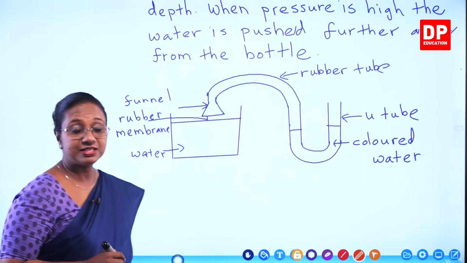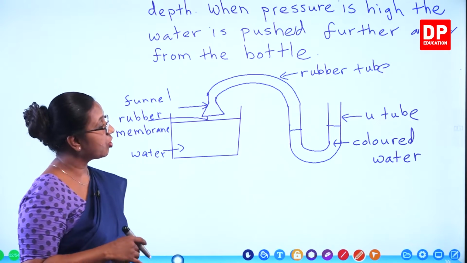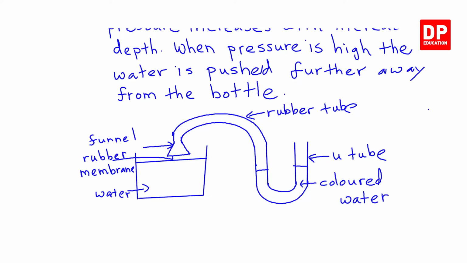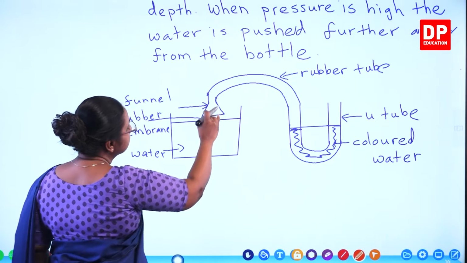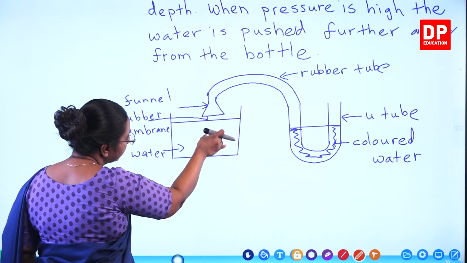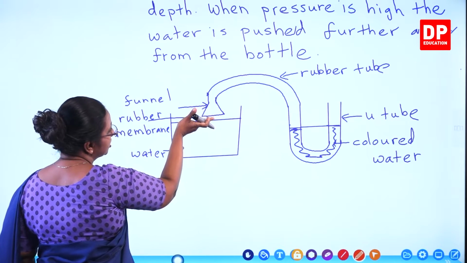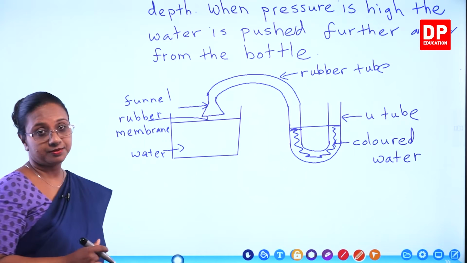So that you can observe the change in water levels easily. Here we will have water at the same level. Then what we can do is insert this tube with the funnel attached to it into water.